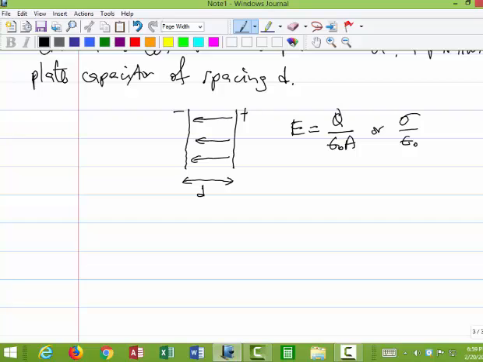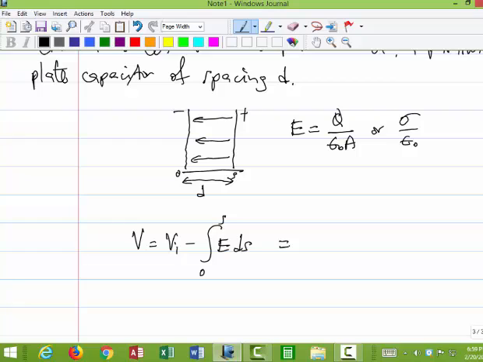The potential V is equal to the initial potential minus the integral from 0 to D. In your book they use this as 0 and this as S, so we can say 0 to S of E ds.